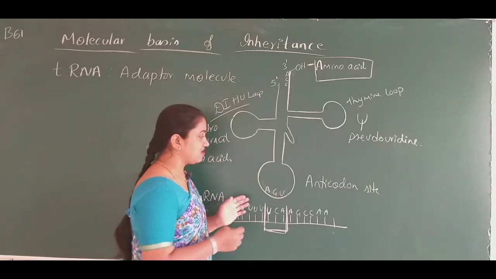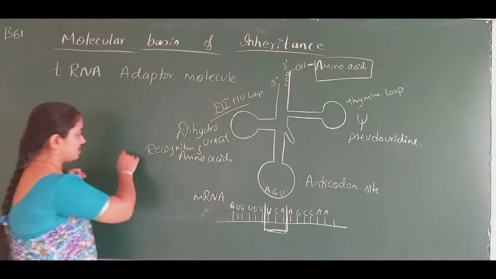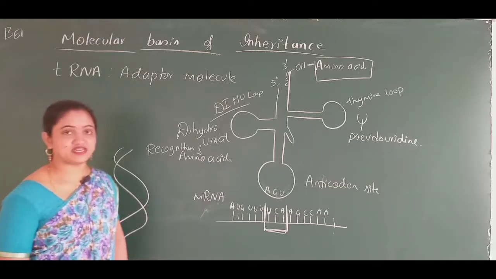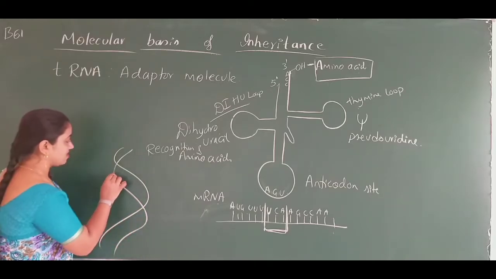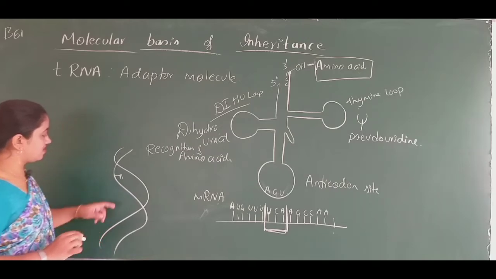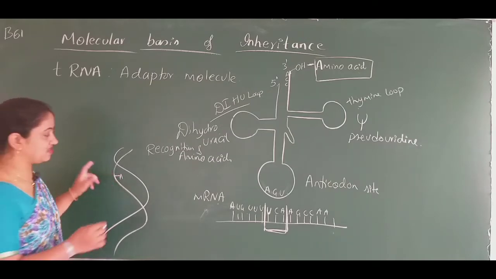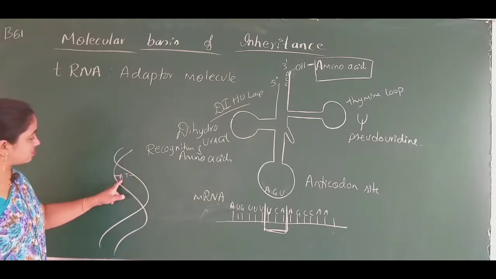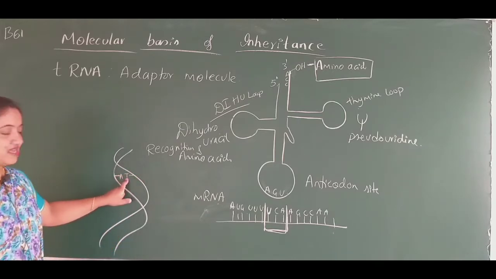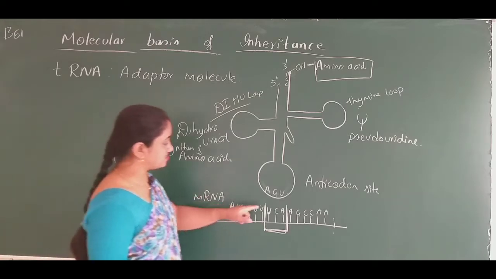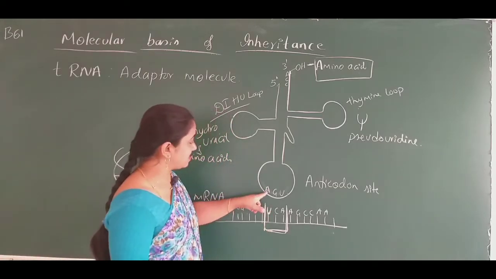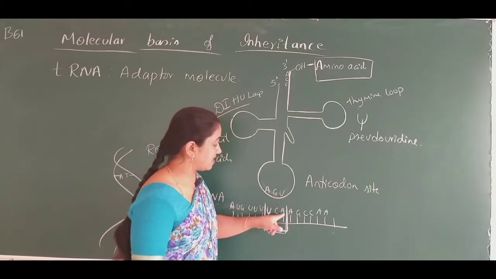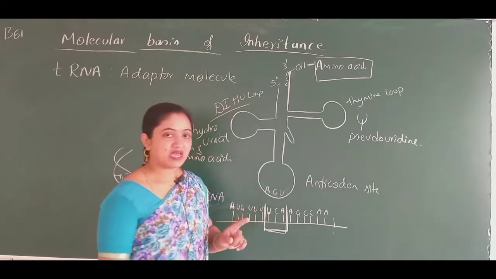It is like in the previous classes where we understood the double helical model of DNA. If one strand has adenine, the opposite strand should have T, right? So A always binds with thymine. Here, uracil binds with adenine, cytosine binds with guanine, and adenine always binds with uracil.